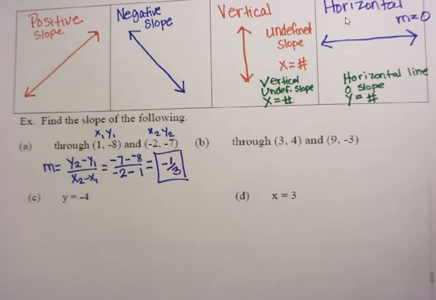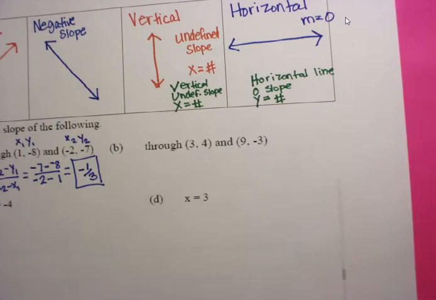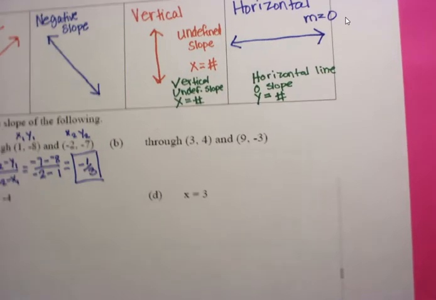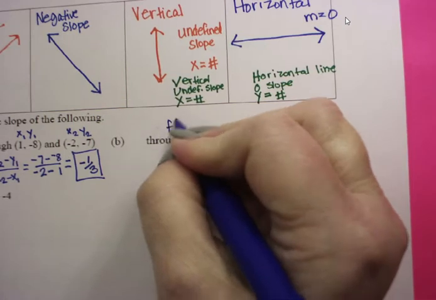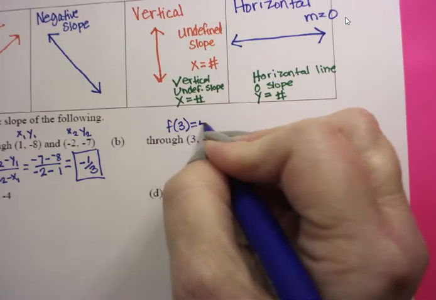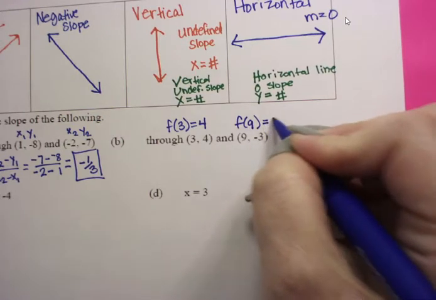Okay, now example B is exactly the same. We're going to use the formula again. It may be written in the questions. It may say f of 3 equals 4 and f of 9 equals -3.